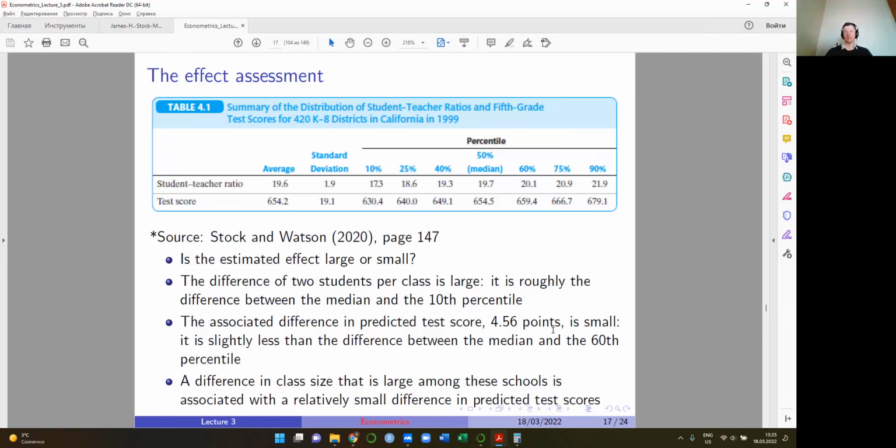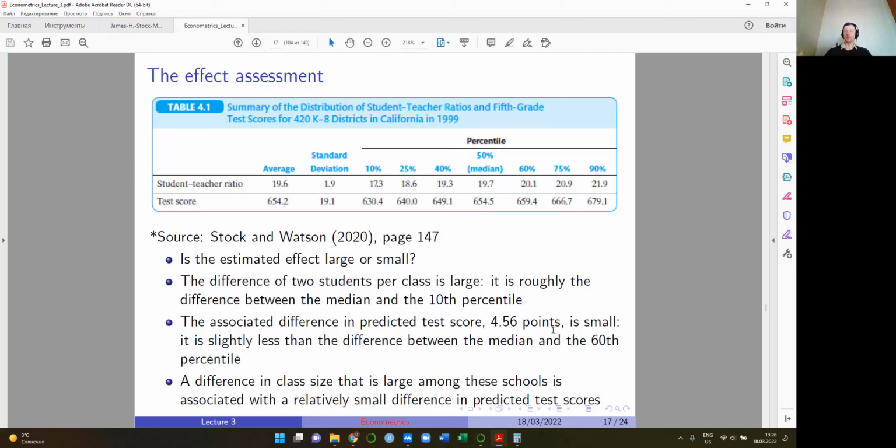So practically, maybe we would say that it is not necessary to reduce, or at least we can say that such a factor as class size is not able to significantly improve the test scores of students. We need to search for some other characteristics.